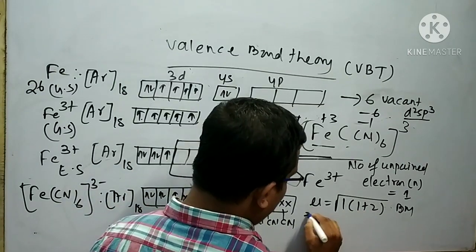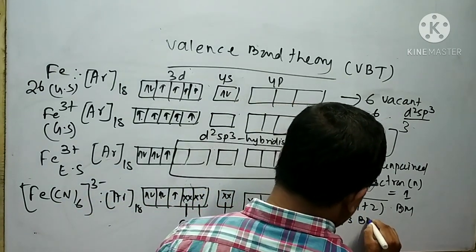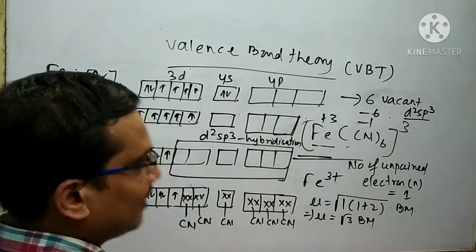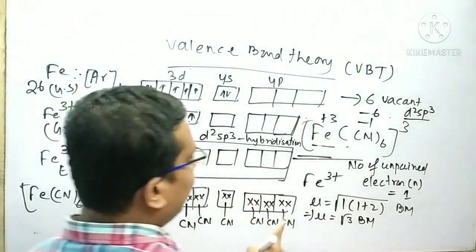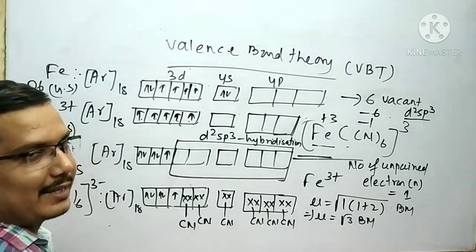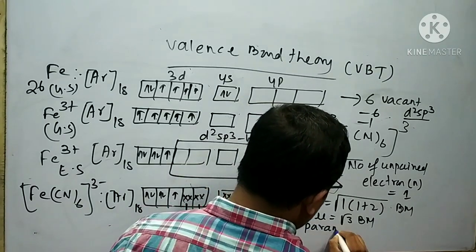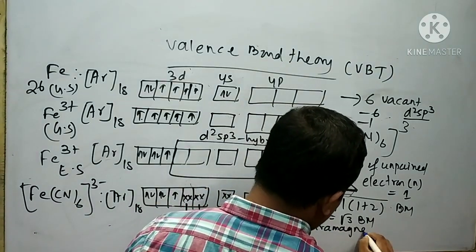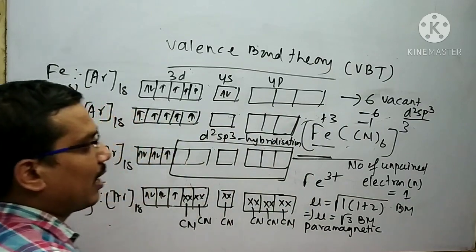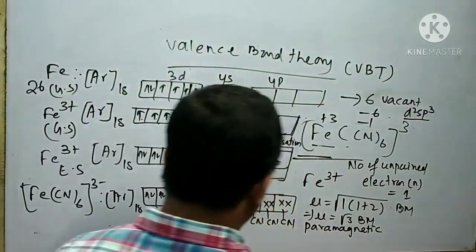That means mu equals root 3 BM. Since this complex ion has 1 unpaired electron, the magnetic character of this complex is paramagnetic. The structure of this complex is octahedral.